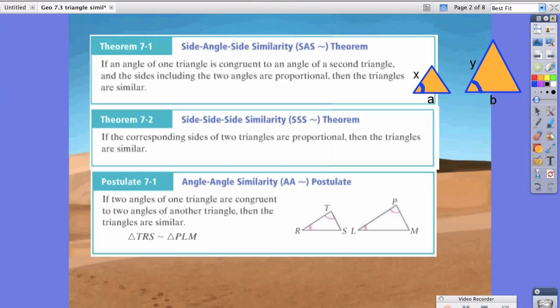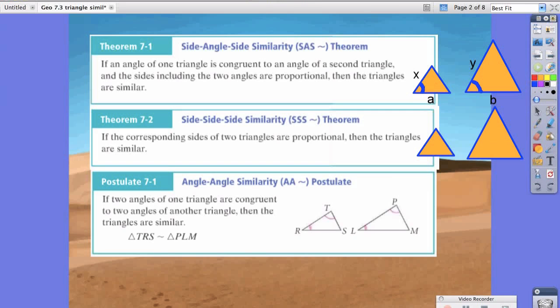So that's theorem 7.1. Theorem 7.2 states the side-side-side similarity, which essentially states that if the corresponding sides of two triangles are proportional, then the triangles are similar. So again, let's use these same two triangles. And this mentions nothing of angles.